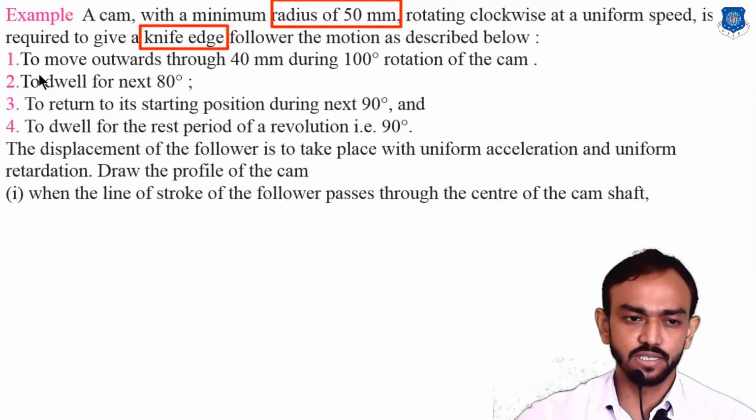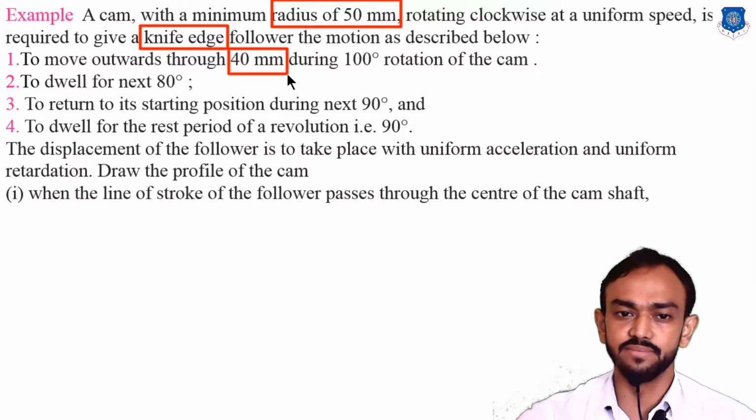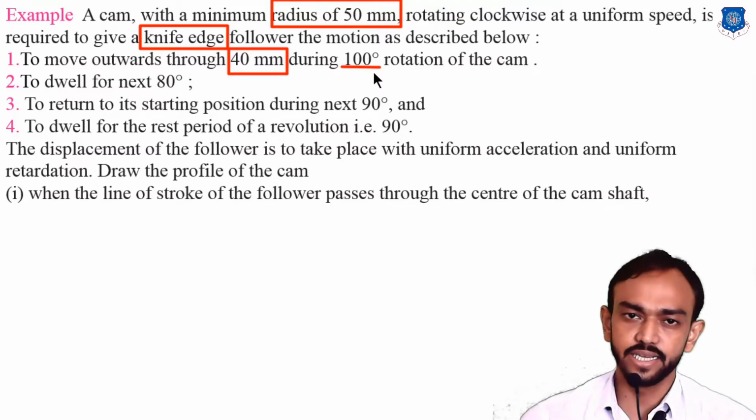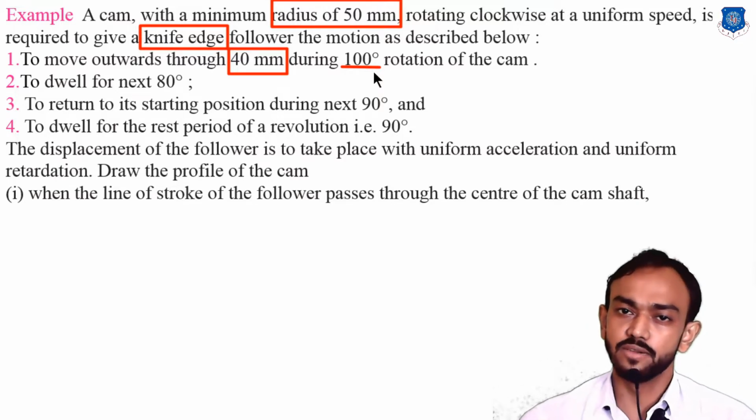First, move outward through 40 mm, which means the lift or stroke is 40 mm, and the angle given is 100 degrees. For the 100 degree rise angle, the follower moves upward 40 mm.